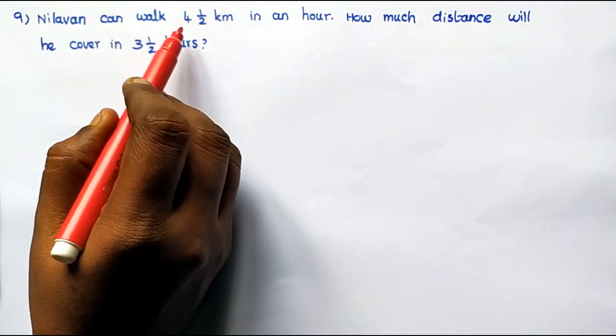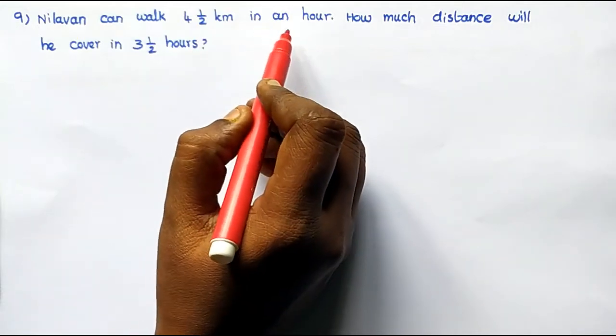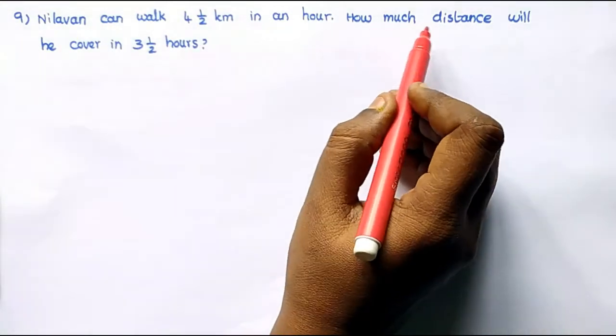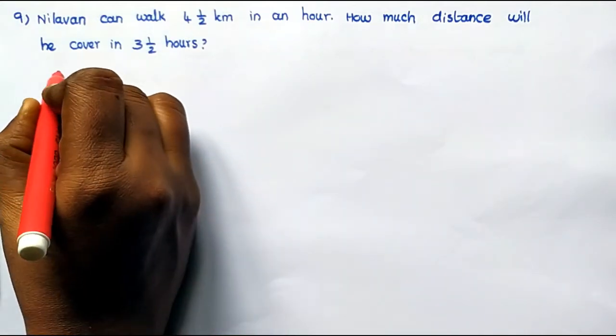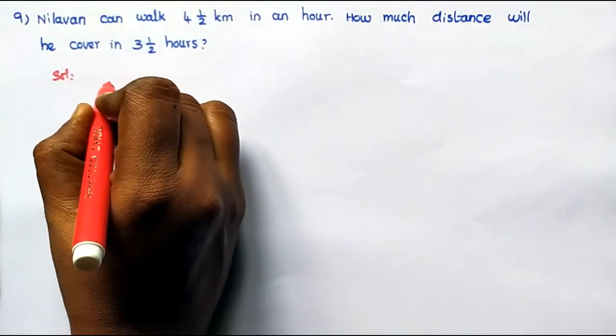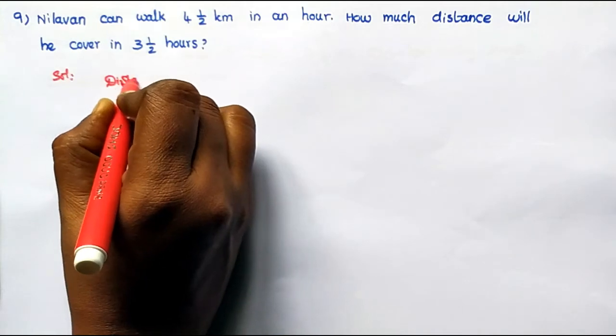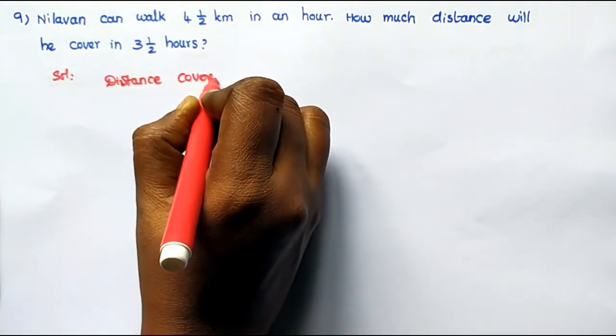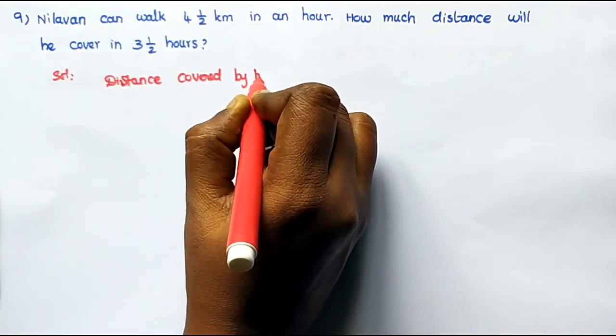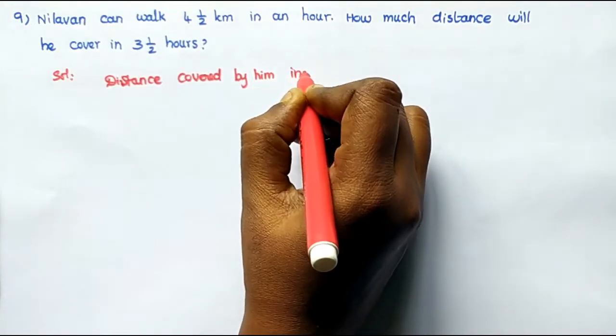Ninth sum. Neelavan can walk 4.5 km in 1 hour. How much distance will he cover in 3.5 hours? So listen. Distance covered by him in 1 hour.